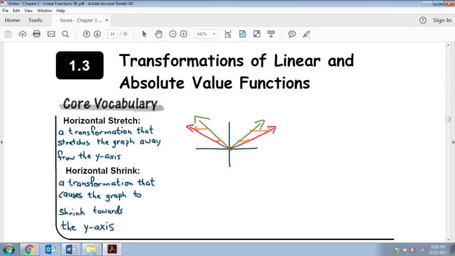Alright? A horizontal shrink, same idea. If I have an absolute value function, here's the parent function of an absolute value. Okay? A horizontal shrink will cause them to scrunch in or compress towards that y-axis.